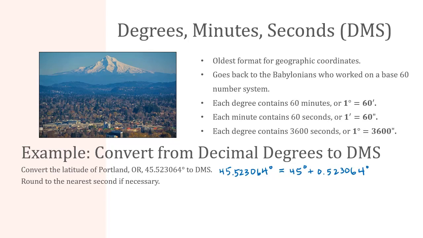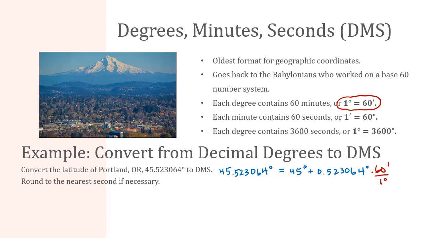And I need to get rid of the degrees, and I need to get minutes. So that is going to be this conversion. And I'm going to multiply it by 1 degree now down in the denominator because I want the degrees to cancel, and 60 minutes up in the numerator. All right, so the degrees cancel out.